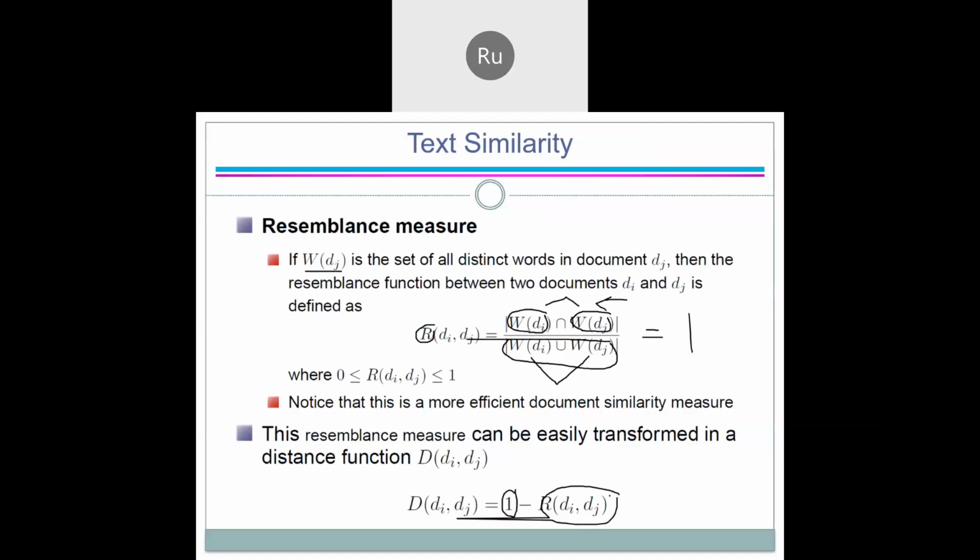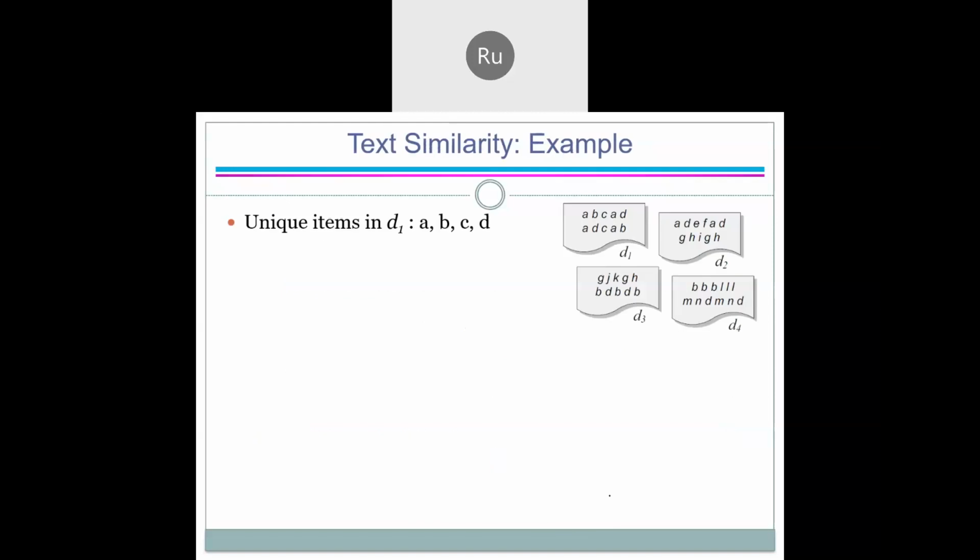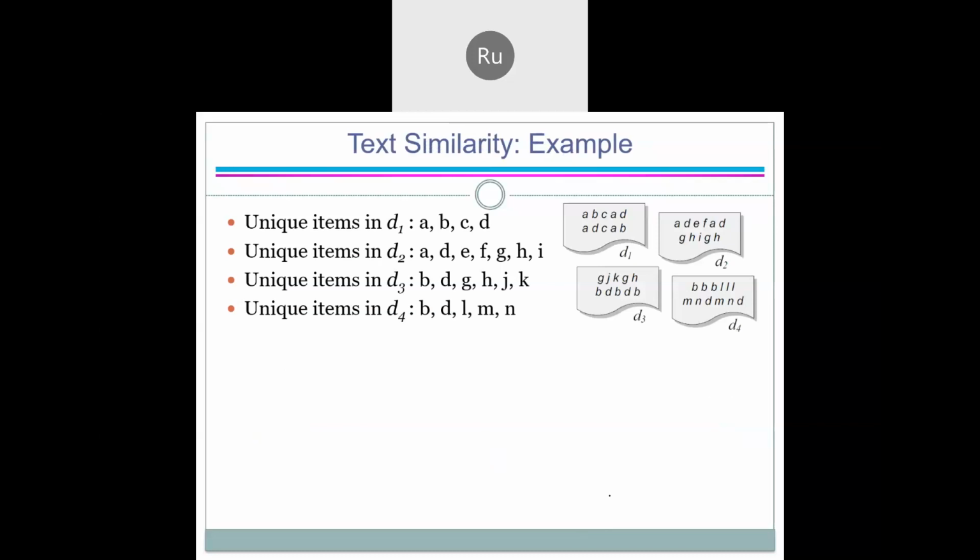Let me show you some examples here. We have documents D1, D2, D3, D4. These are the unique items that we have. We don't count the number of occurrences, but we look at unique items.